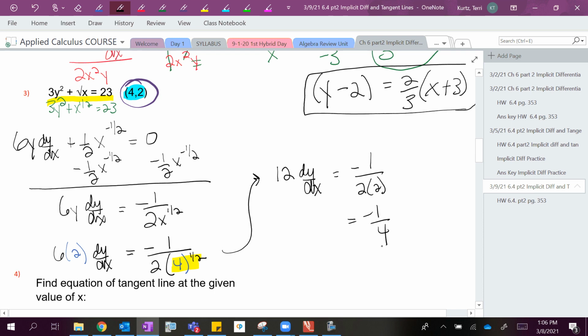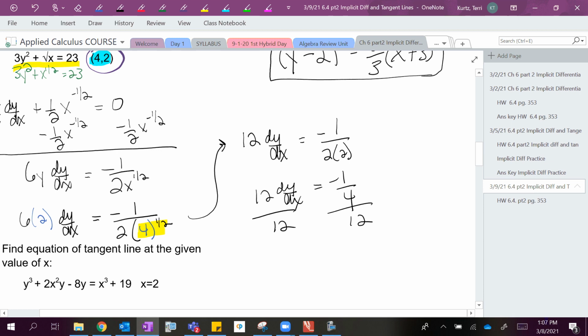Okay. Now, again, I want to divide by 12. And remember, dividing by 12 actually just means multiplying by the reciprocal. So that really means multiplying by 1/12. And I get dy/dx equals negative 1/48.